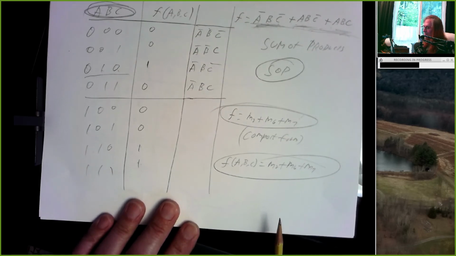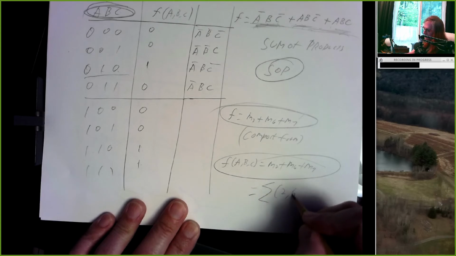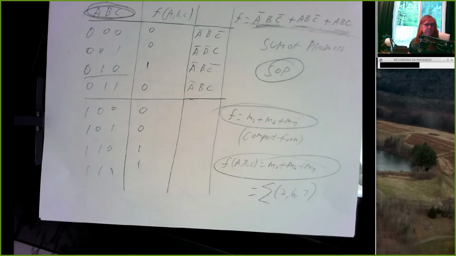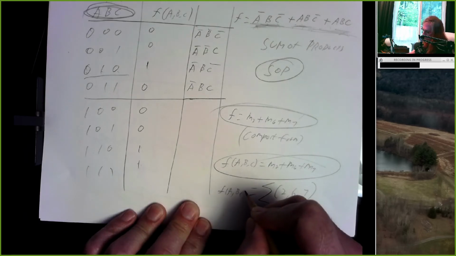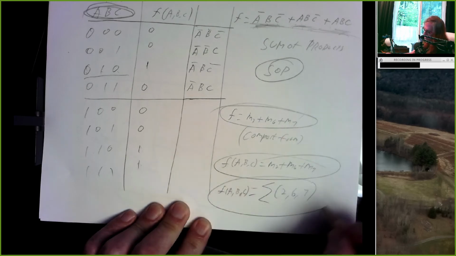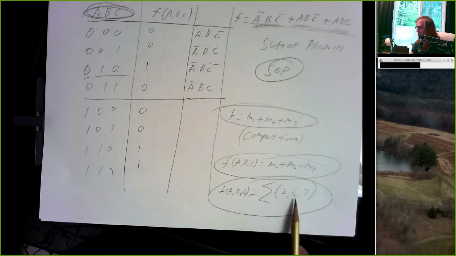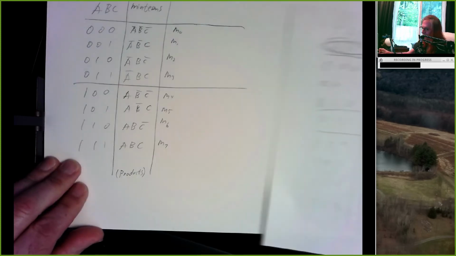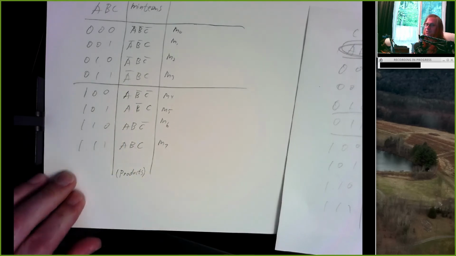All right, so this is a compact form. We can make it more compact by using a summation symbol like this. And when you see something like f of a, b, c equals summation 2, 6, 7, we understand that to mean this should be equal to 1 if our inputs match minterm 2, 6, or 7, meaning this combination, or that combination.